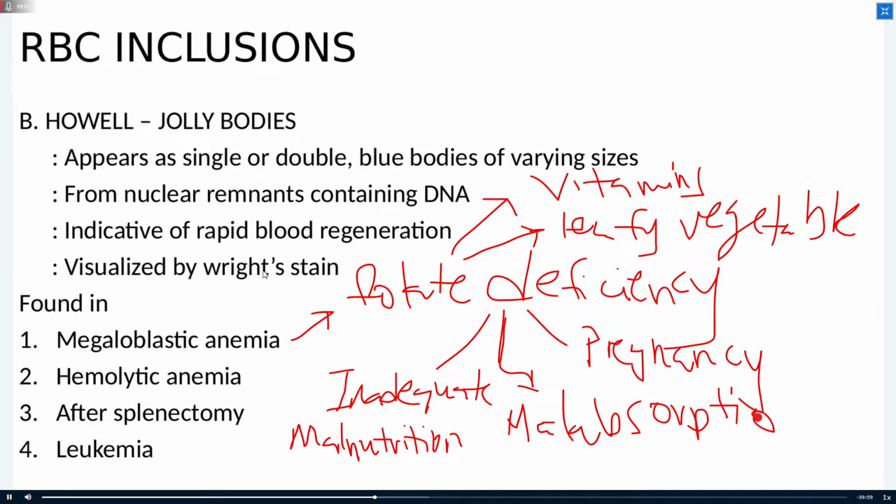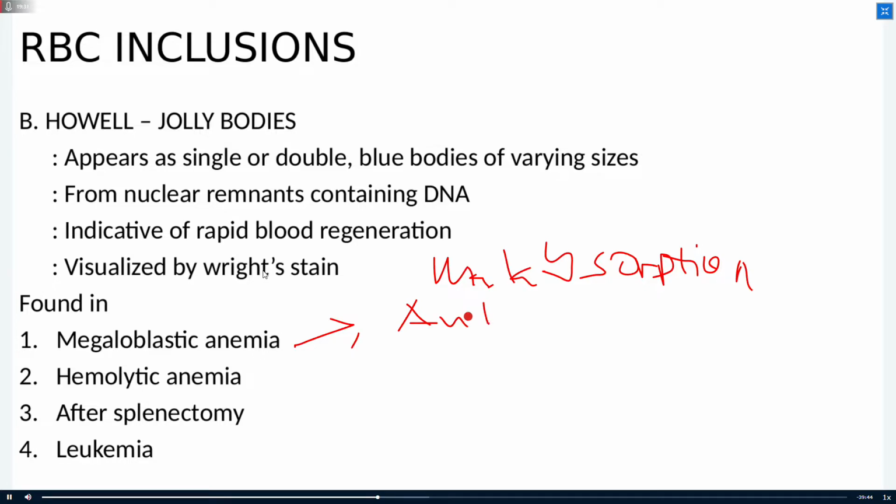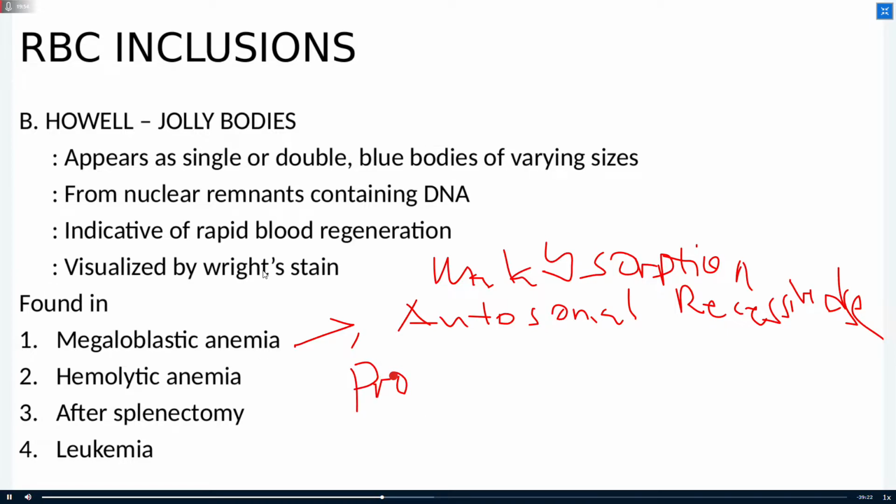Now, how would malabsorption occur? We have what you call, for your malabsorption, an autosomal recessive disease known as your proton coupled folate transporter.